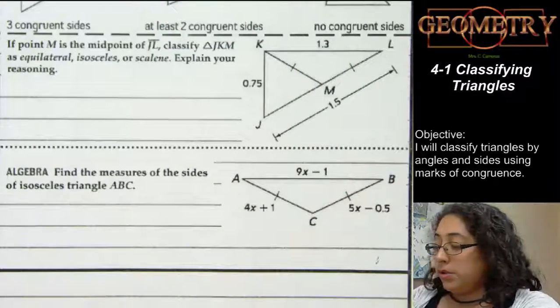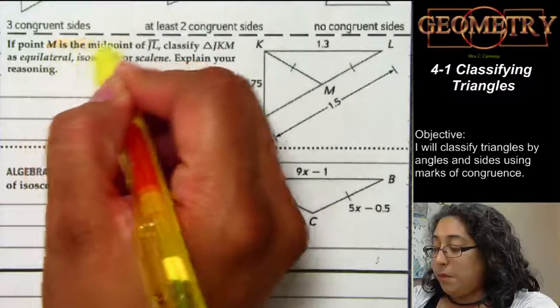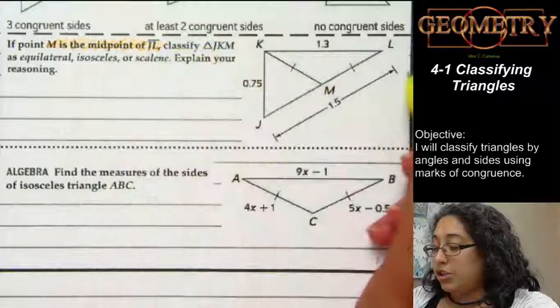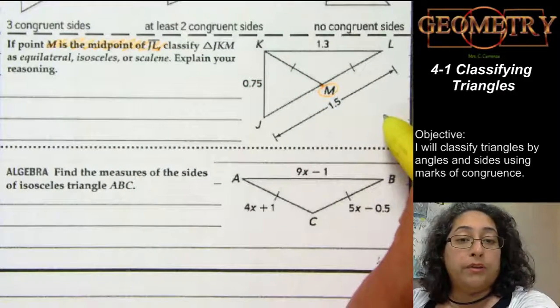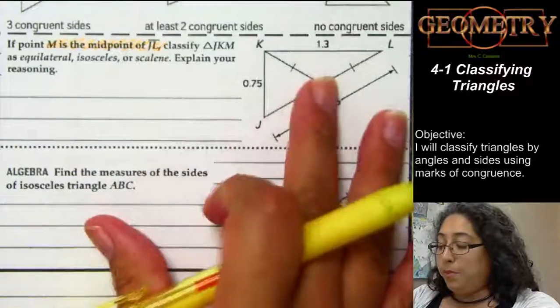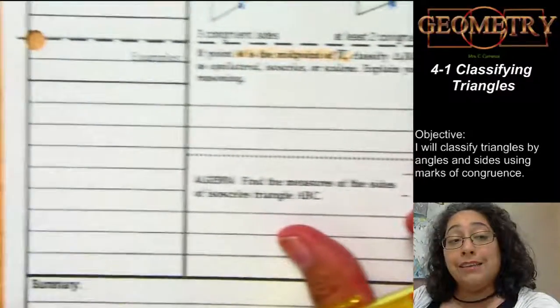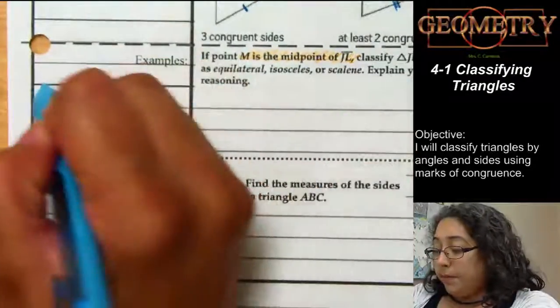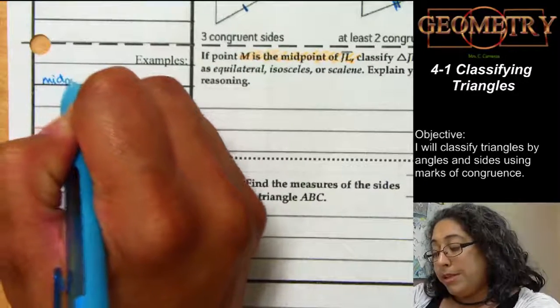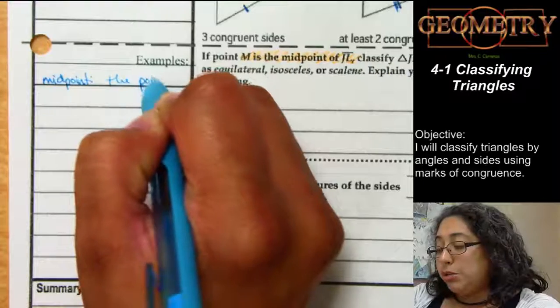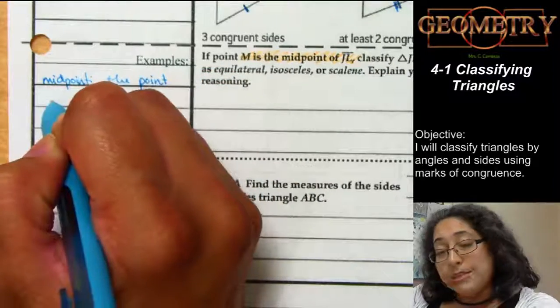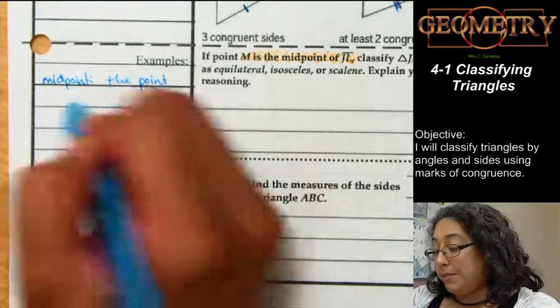I'm also told that M is the midpoint of line segment JL. This point right here is the midpoint. Recall, midpoint means the point in the middle. Because the point is in the middle, it creates two equal congruent segments on either side of it.